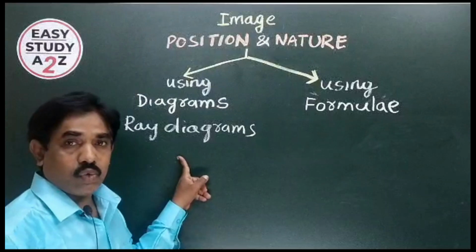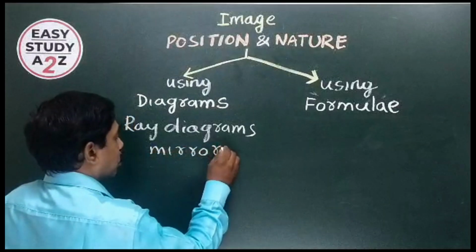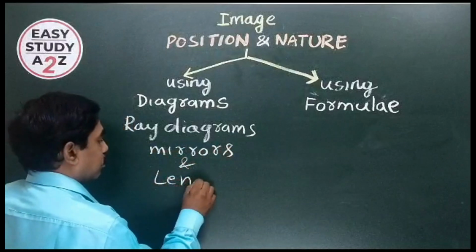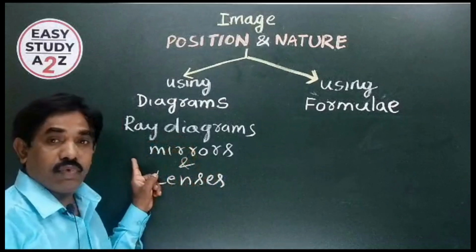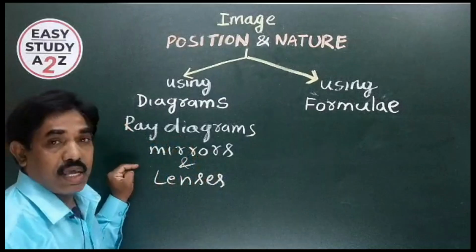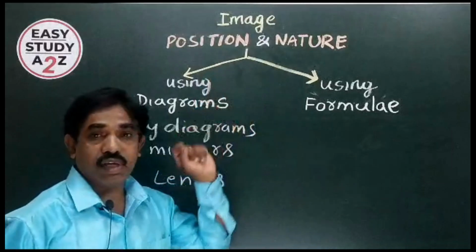Ray diagrams are used both in mirrors and also in lenses. We use ray diagrams while dealing with mirrors and while dealing with lenses, and by using the ray diagrams we can easily explain the image position and nature of the image.